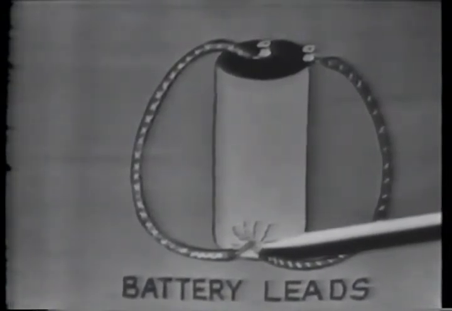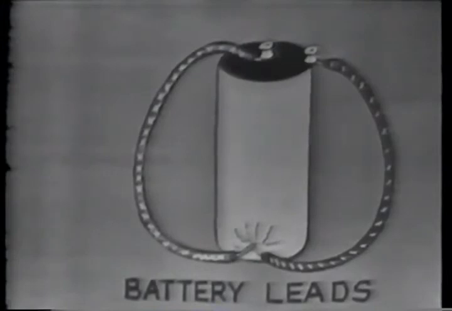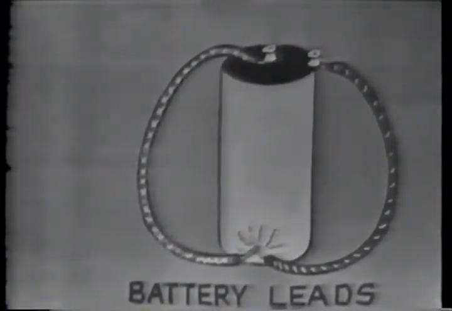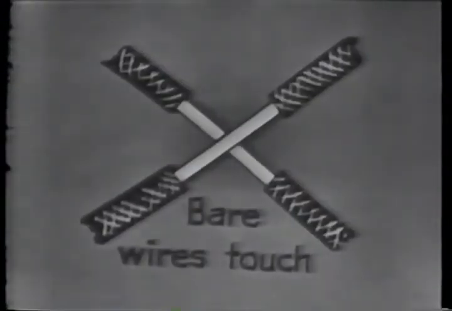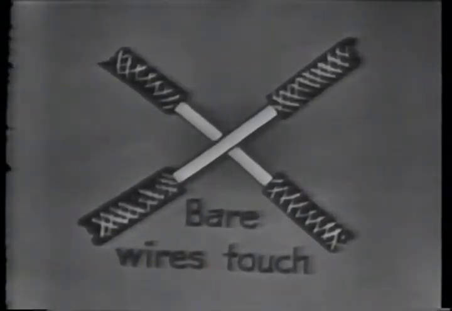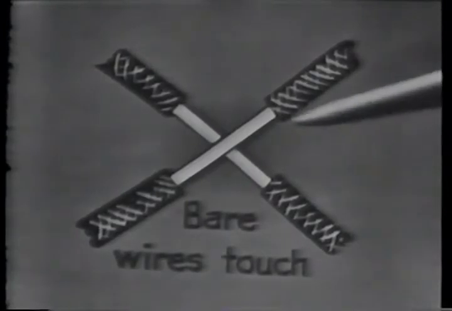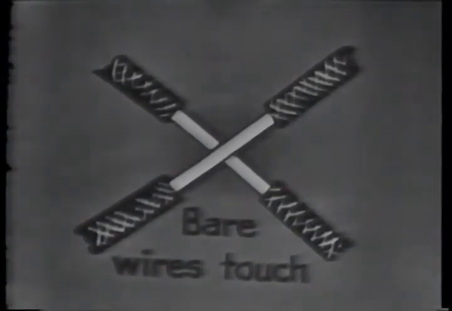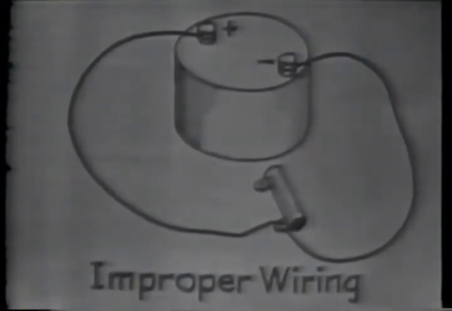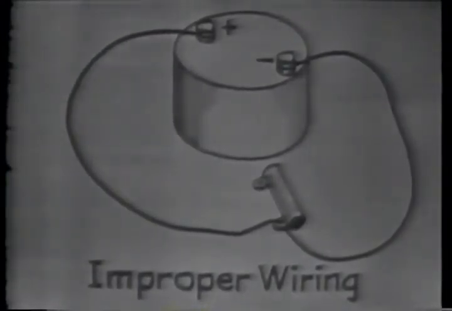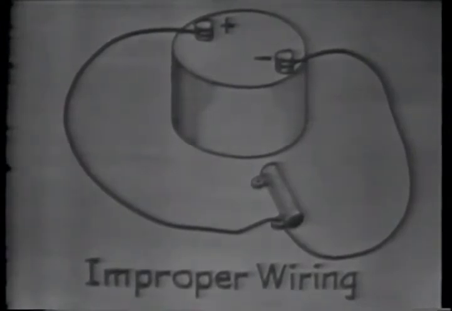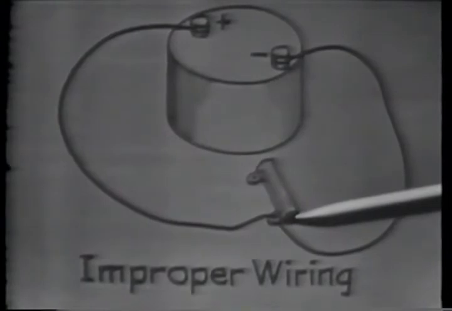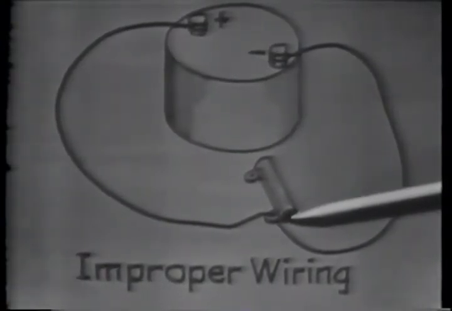If this current is allowed to flow for too long a time, it will completely discharge the battery. Another example of a short is two bare wires in a circuit touching each other. Also, improper wiring could cause a short. Here, both leads of the battery are connected to the same terminal of a resistor. This amounts to connecting the leads together and again could damage the battery.